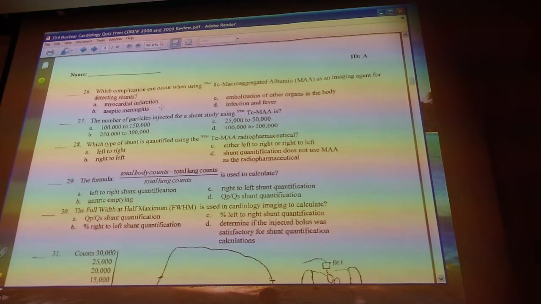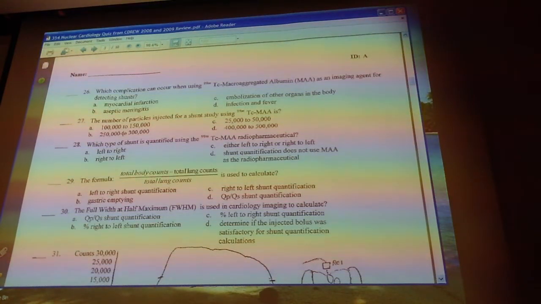If we're doing QP-QS ratios, we need to have a large quantity of radioactivity that, when it's injected, can go through the heart and lungs and recirculate. Okay? So I cannot use MAA for that. If I'm looking for left to right shunts, I need to have something that goes through and comes back to the heart. Okay? I can't do that with MAA.